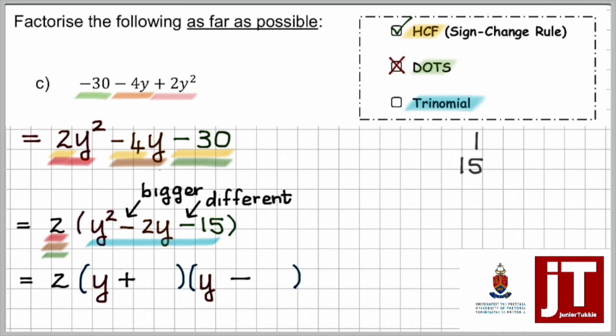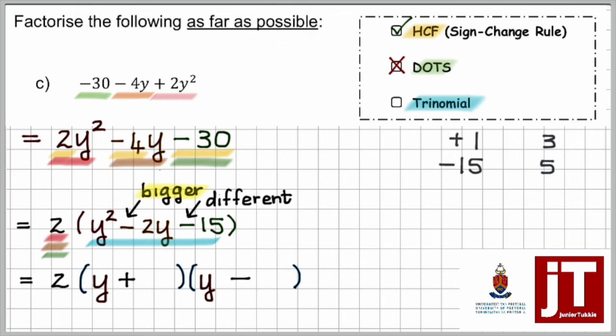When we say 1 times 15, we end up with 15. We can also say 3 times 5, because 3 times 5 will give us 15. Now we need to put signs on those factors. Of course, since we have the second term as a negative term, we know that the bigger factor in the set must get the negative sign.